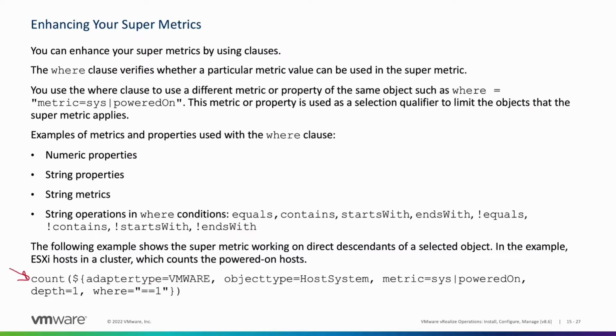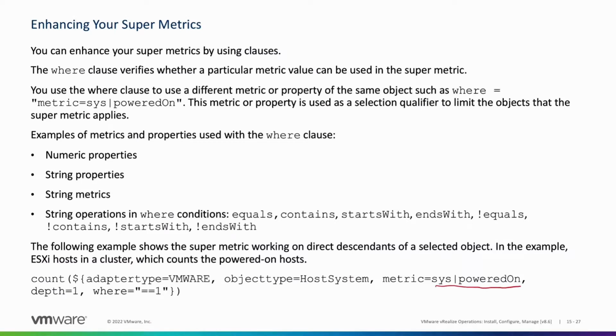This is a supermetric formula. It's using the count looping function. The count looping function simply gives us a count of how many values we get back from looking up the performance metric. In this specific case, the performance metric that we're looking at is the sys powered on supermetric.